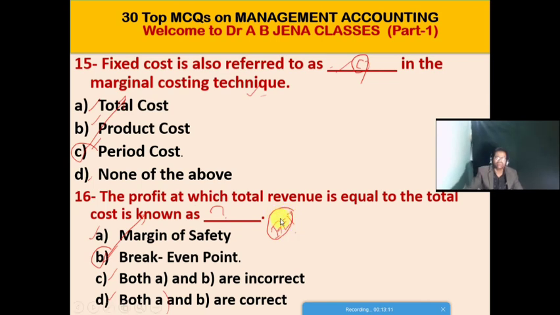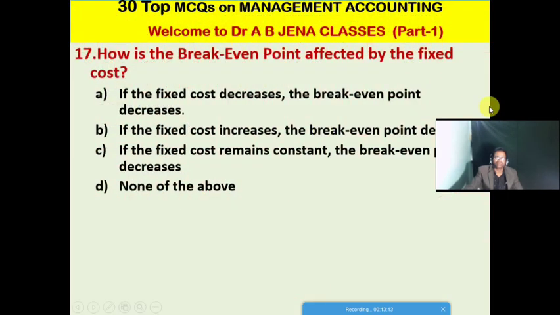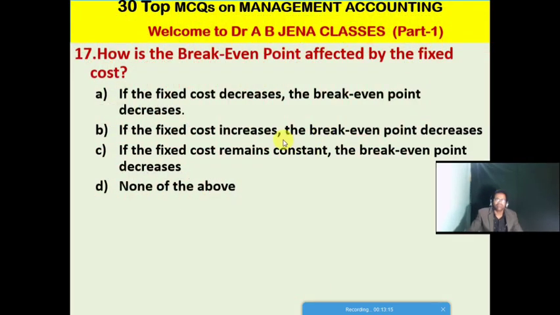So next MCQ. How is the break even point affected by the fixed cost? A, if the fixed cost decreases, the break even point decreases. B, if the fixed cost increases, then the break even point decreases.